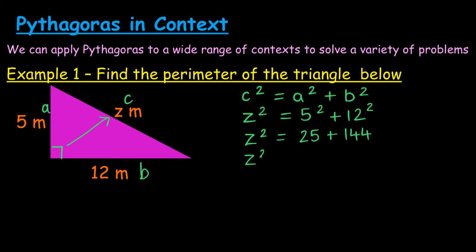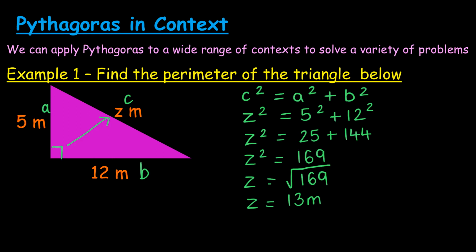So when you add them together, you get that Z squared is 169, and we have to find the square root of that to find Z, which is what we're trying to find, so that we can then find the perimeter of the triangle. So Z is the square root of 169, which you could figure out without a calculator because it's a nice whole number, is 13 metres.